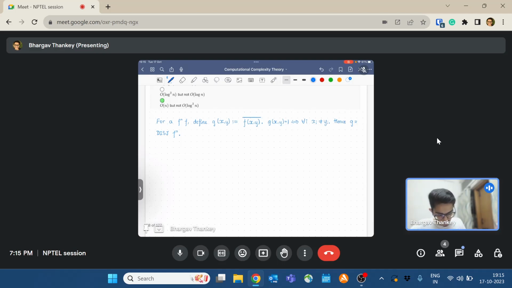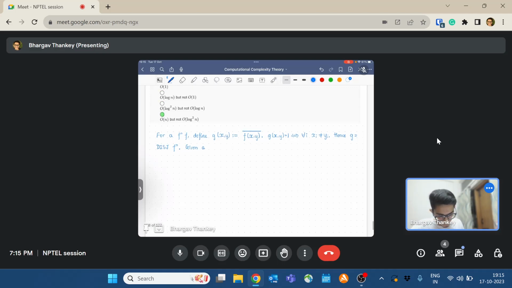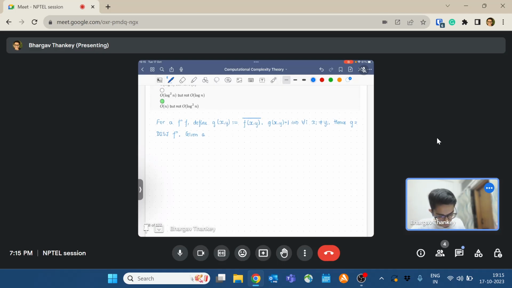Okay, so given a protocol for computing F, we can compute G by using the same protocol, but flipping the value at the very end.